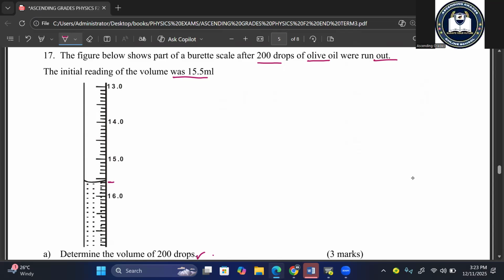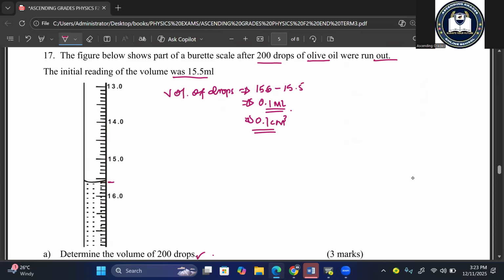So volume of the drops is 15.6 minus 15.5. You get 0.1 mL. So this is also the same as 0.1 cubic centimeter.